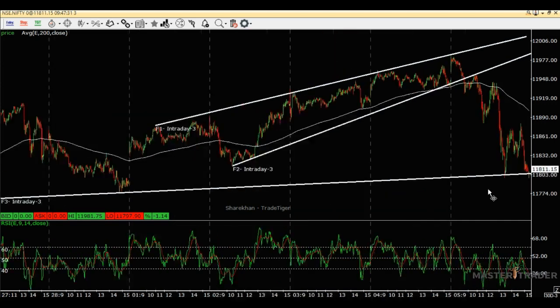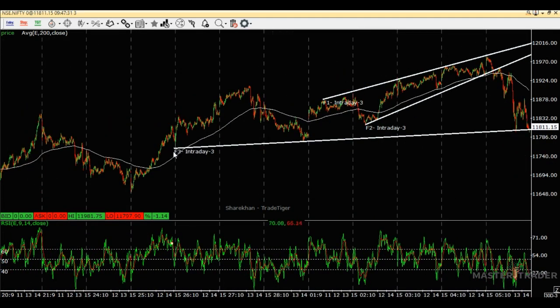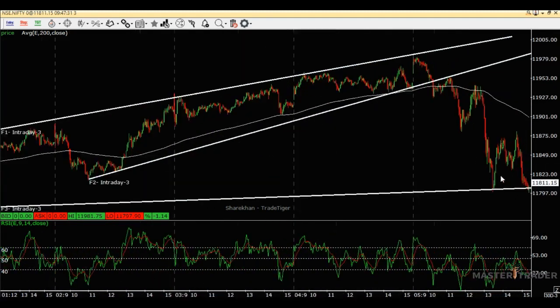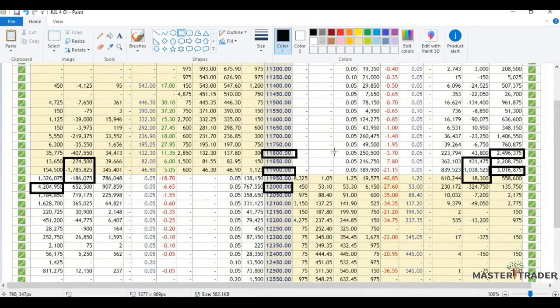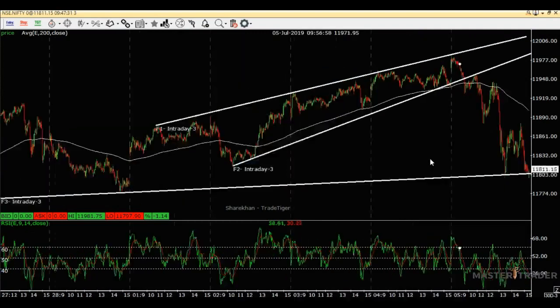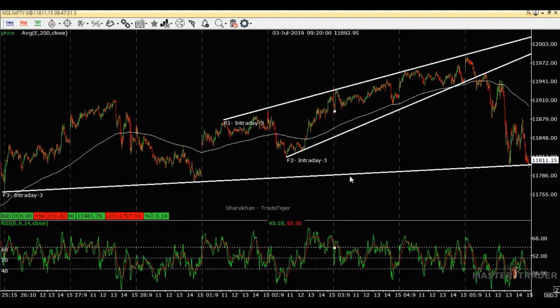Can you see how I drew this? I connected this swing low to this swing low, which gave me this support trend line. So now my data is suggesting 11,800 as a strong support level, and my chart is also showing that yes, as per this trend line, we have good support here.